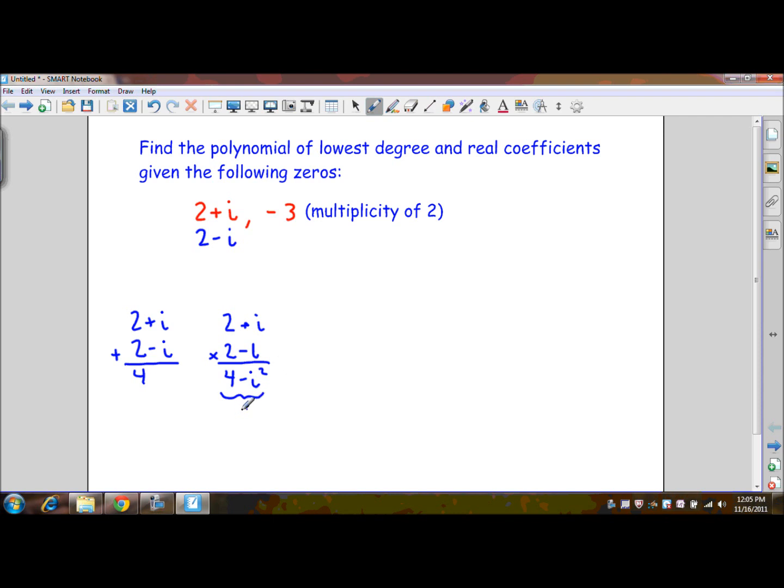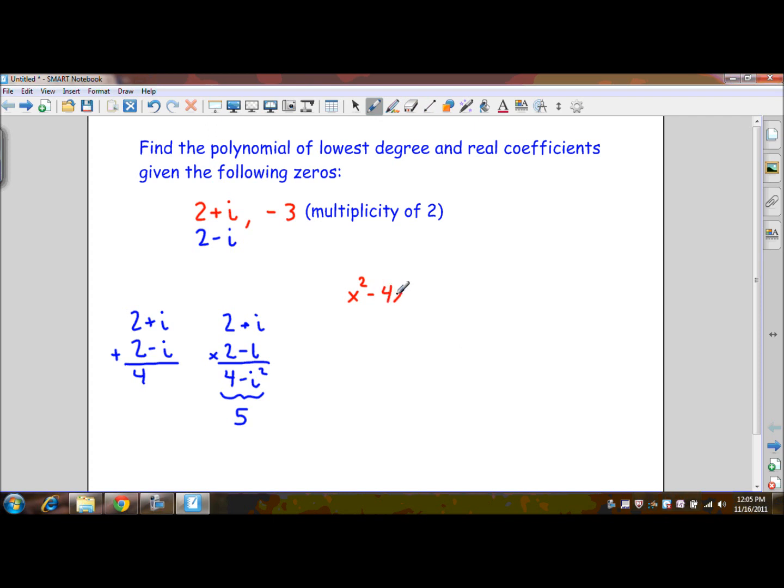So I have 4 minus i squared, which generates positive 5 because negative i squared will become plus 1.